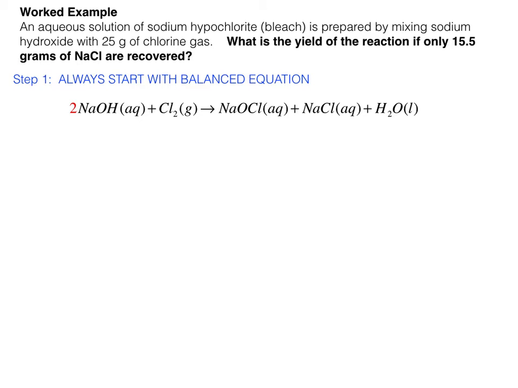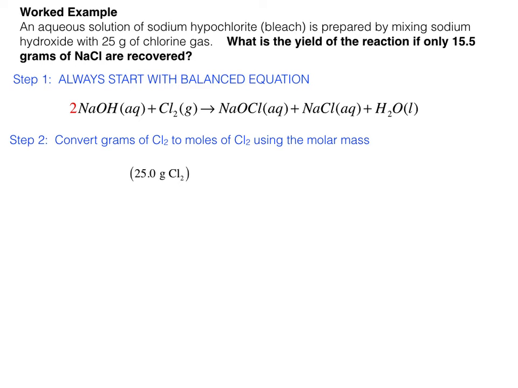We're told that we're mixing sodium hydroxide with 25 grams of chlorine gas. So the first thing we should do is think about converting that chlorine gas into moles. So convert Cl2 grams into moles. And we do that using the molar mass. So we'll start with 25 grams of Cl2 divided by the molar mass to give us 0.353 moles of Cl2.